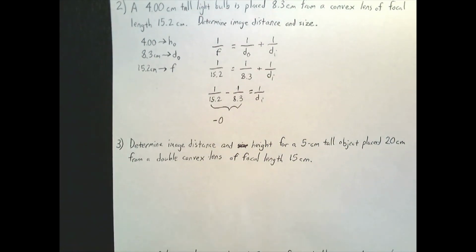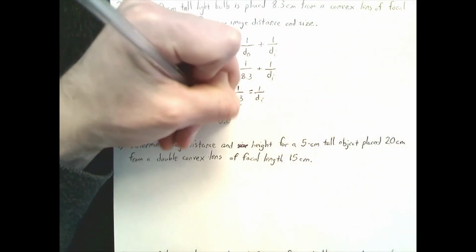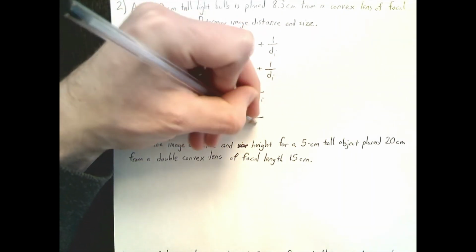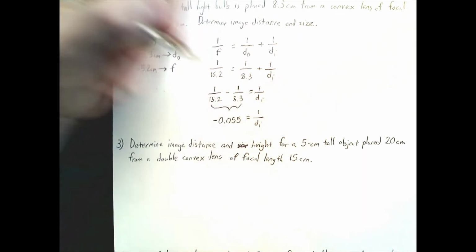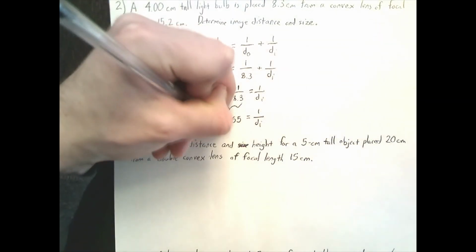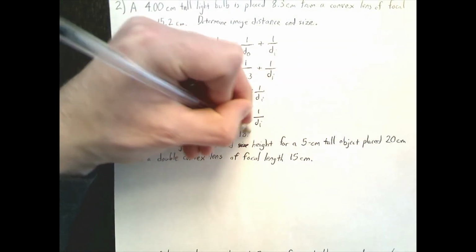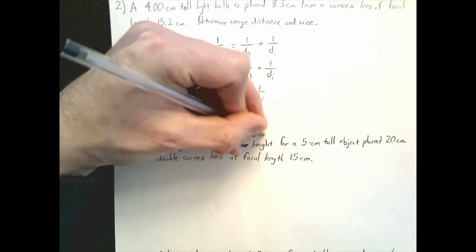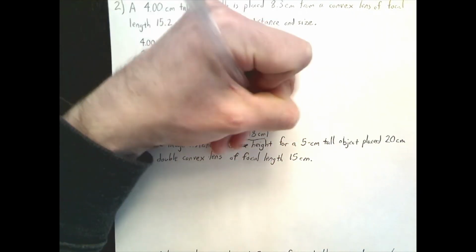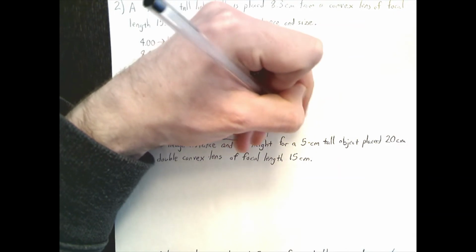And what we get there is negative 0.055 equals 1 over di. We've got to flip it again. And so when we do that, we get a value of about di equal to 18.18 centimeters, and it's negative. That negative sign tells us that this image is virtual.